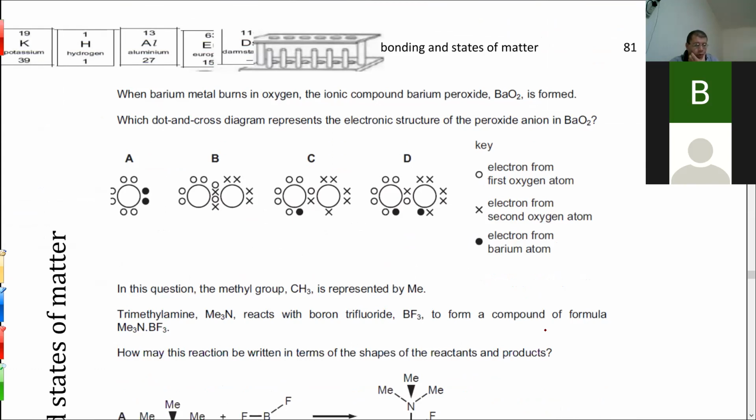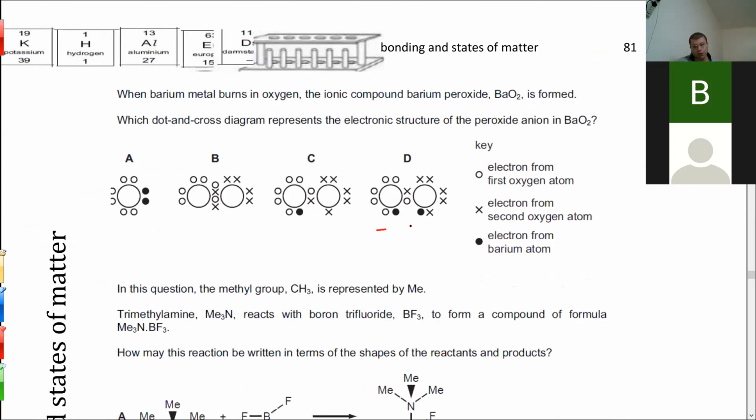Now, when barium metal burns in oxygen, the ionic compound, the barium peroxide, BaO2, is formed. So we have 2 oxygen atoms covalently bonded to each other, and they are carrying 2 negative. Oxygen has 6 electrons, and when you gain 1 extra, it will be 7.